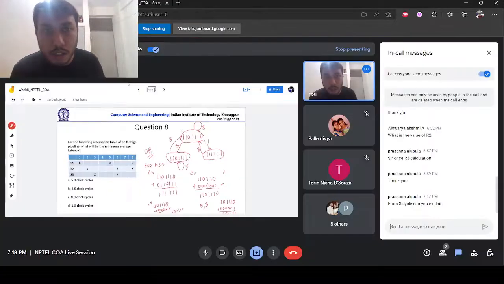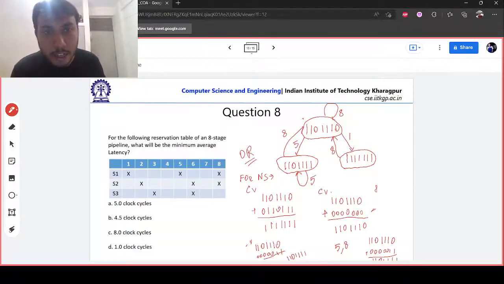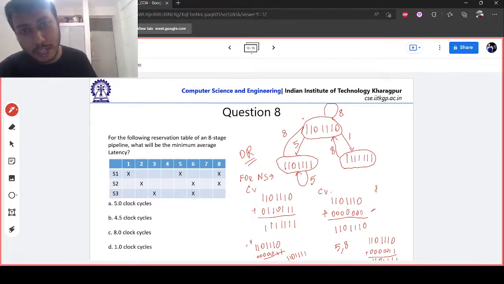Yeah, so if you look at cycle 8, all 7 bits have been left shifted. So you will just be ORing it with all zeros. That means for cycle 8 it will always point to the starting state of the collision vector, right? So if you do this or this, every time it will come back to the start, because ORing with the collision vector always brings you to the first state.